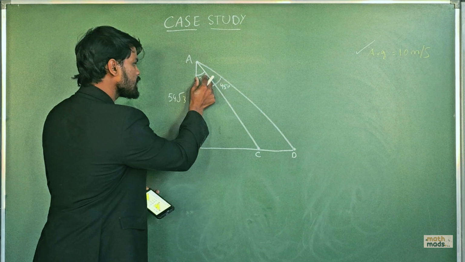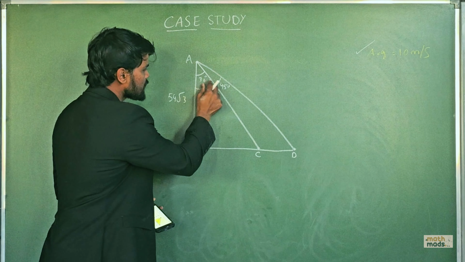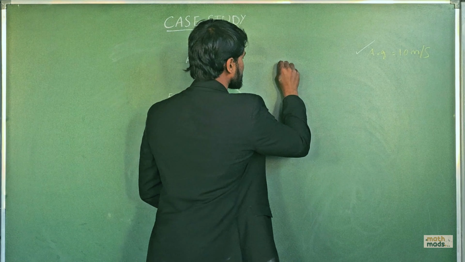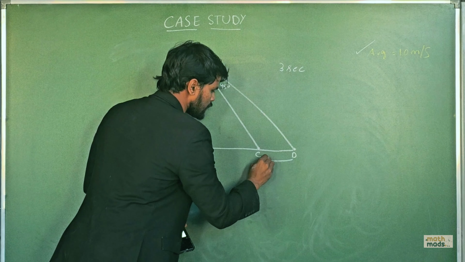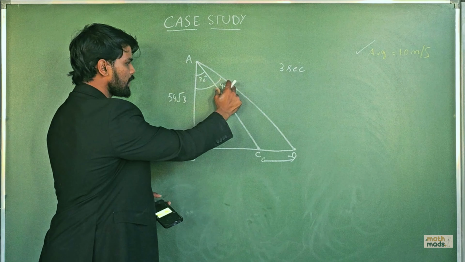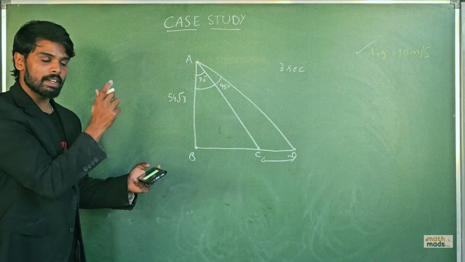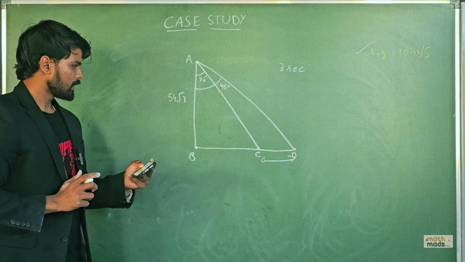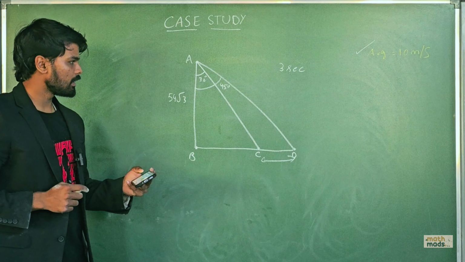There is a small change in angle of depression given in the question, and this change is happening in 3 seconds. 30 degrees to 45 degrees, it's changing in 3 seconds. We have to find the average speed of the tiger at that time. For that, we should know the actual distance traveled, right?